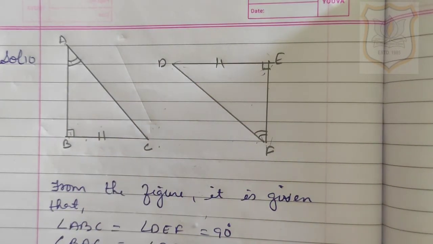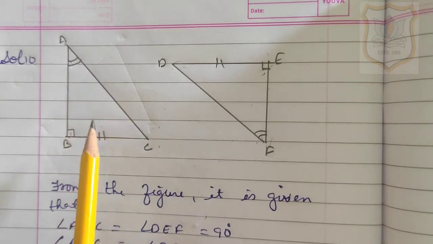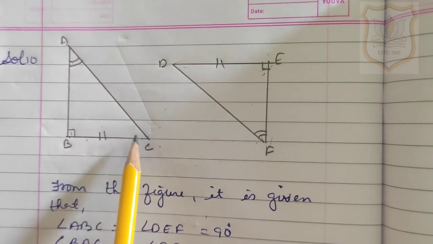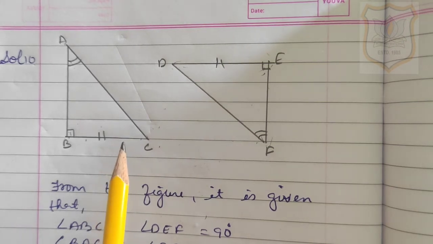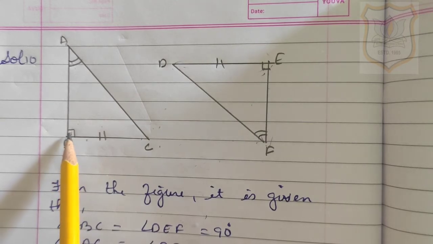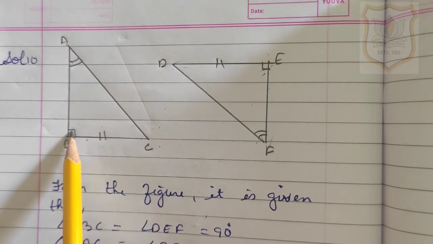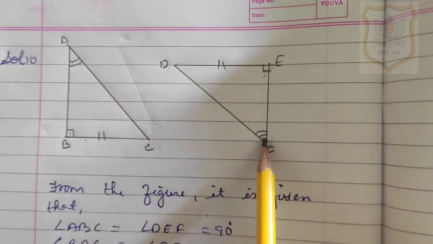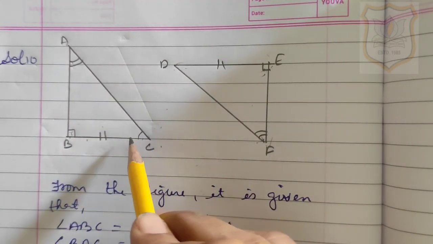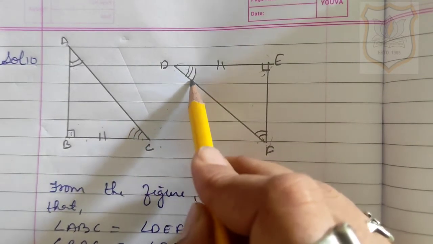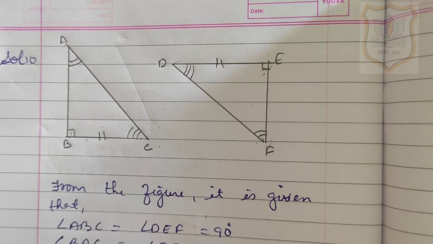So students, as you all know, the total of the angles of a triangle is 180 degrees. If we add all the angles of the triangle, the measure is 180 degrees. Now suppose the measure of B and E is the same, and the measure of A and F is the same, then the measure of C and the measure of D will also be equal, as the sum of the measures of all the angles of a triangle is 180 degrees.